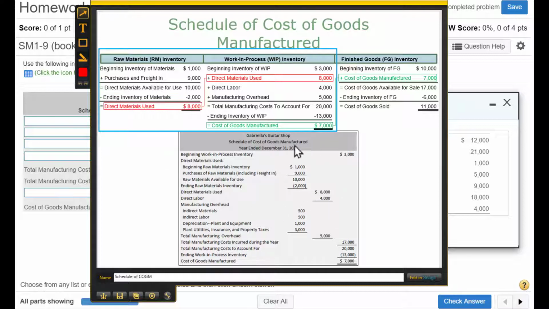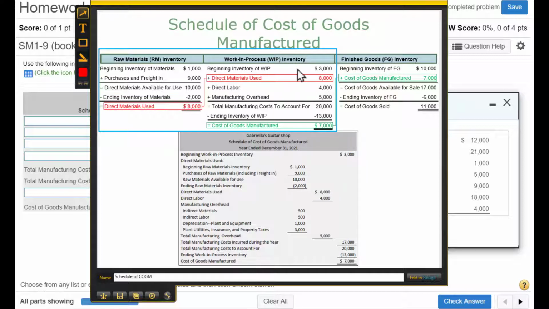So we're going to recreate this in this problem, except we're not going to break out the detail for direct materials used, and we will not break out manufacturing overhead. We're going to try to keep it simple. So let's use this as a guide. Remember, we're recreating this and this. This is the formal way to show the schedule, and this is just the informal way to show the formula.